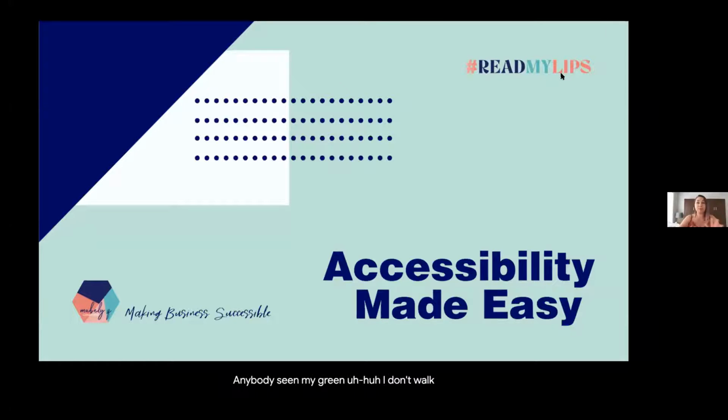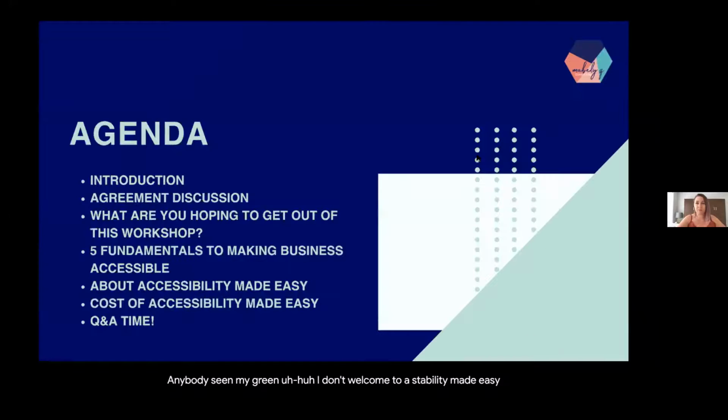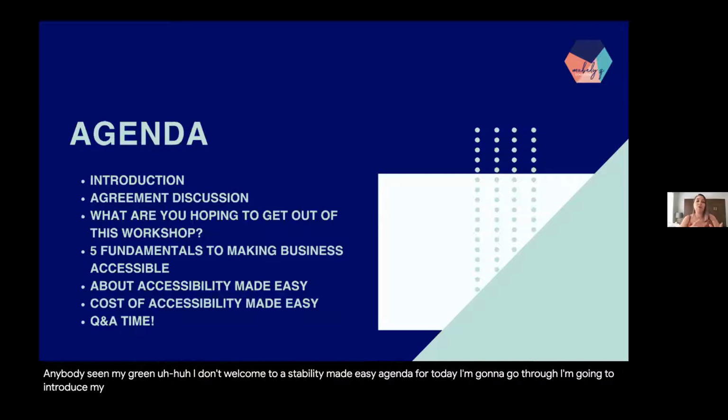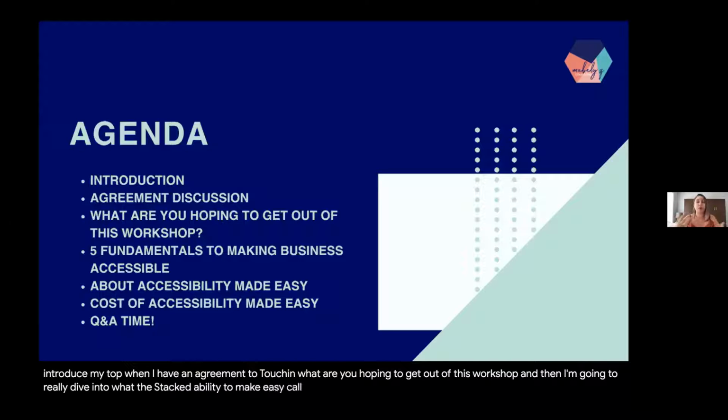So, welcome to Accessibility Made Easy. So here's our agenda for today. I'm going to introduce myself. We're going to have an agreement discussion. What are you hoping to get out of this workshop? And then I'm going to really dive into what the Accessibility Made Easy course is all about, so you can know and learn about it.